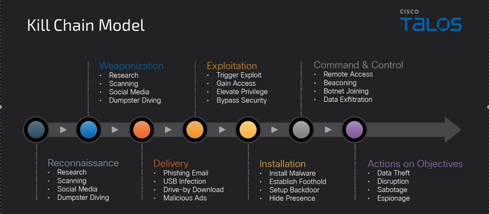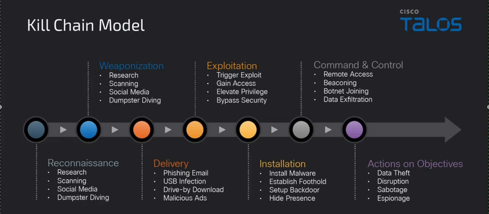So actually, one of the most important points in this stage, or in most cyber attacks, is initial access. So here it's mentioned as gain access, but the real term and the real name is initial access.